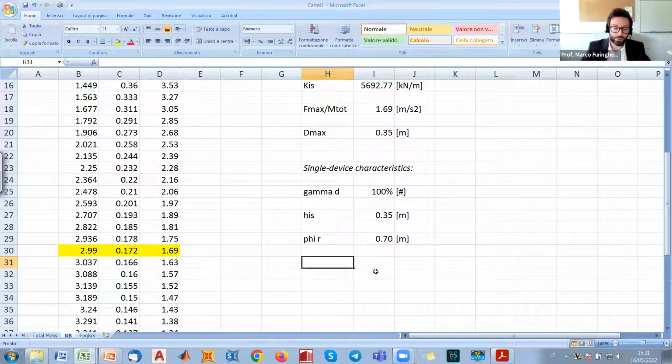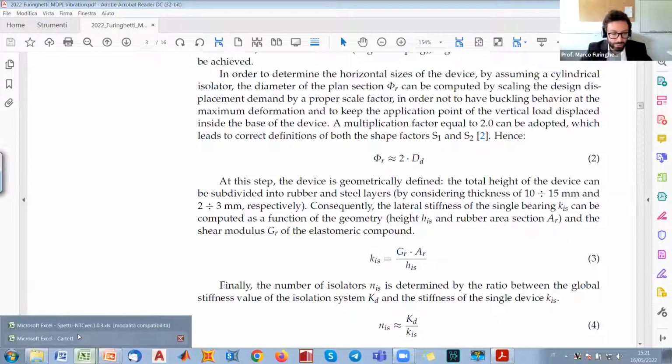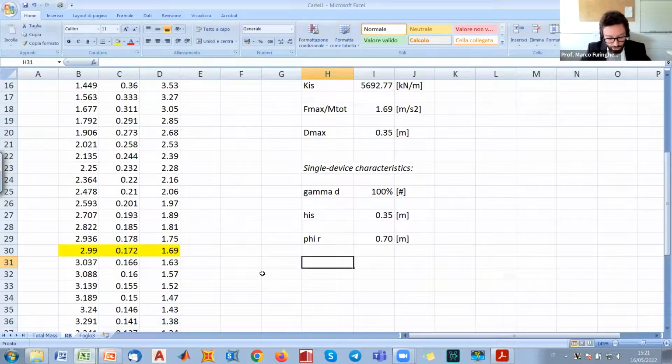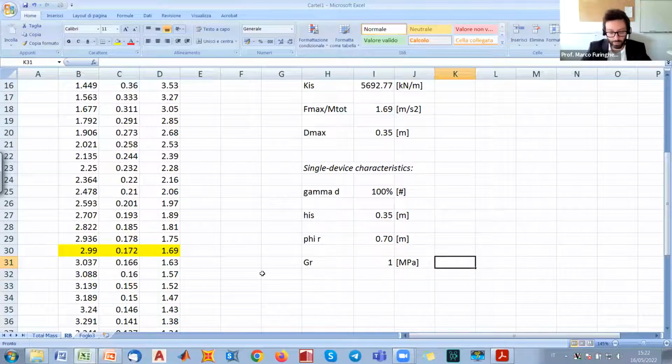Now, for the computation of the stiffness of the single device, we have to consider also the elastomeric compound characteristics in terms of shear modulus. Let's consider G_R in megapascals. Let's consider 1 megapascal, which is a medium compound.